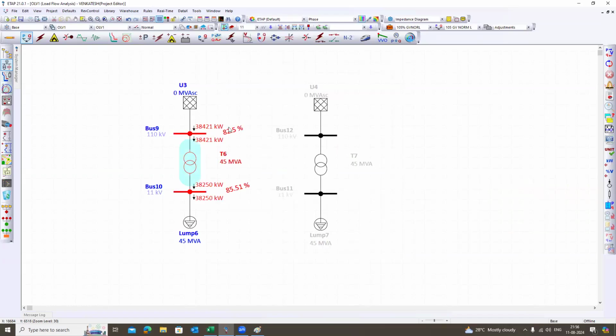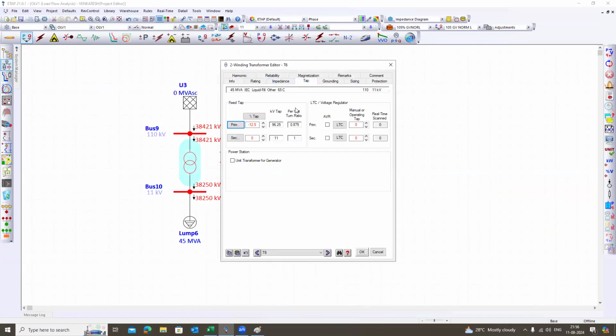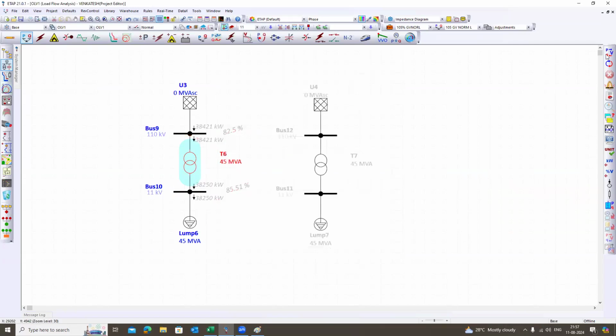It's still 85.51. So if we increase it to minus 20% tap, let's see. Yes, with minus 20% tap, we are able to maintain 95.39%. That means well within the limits.